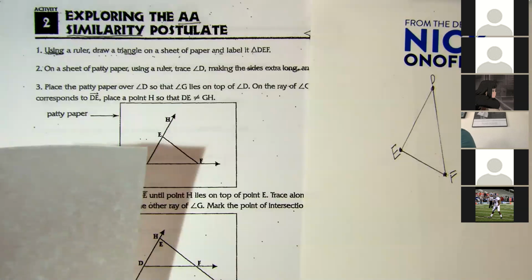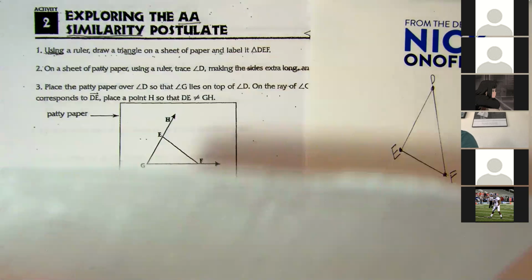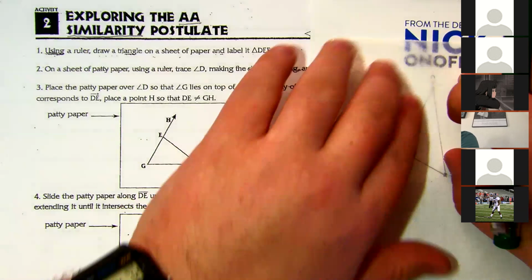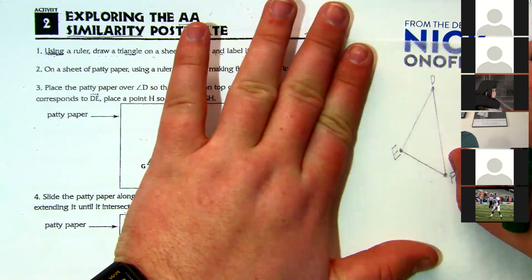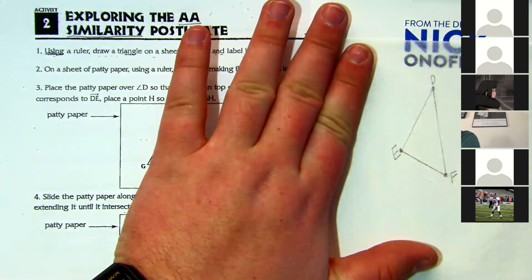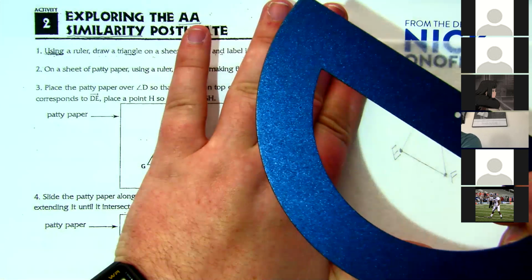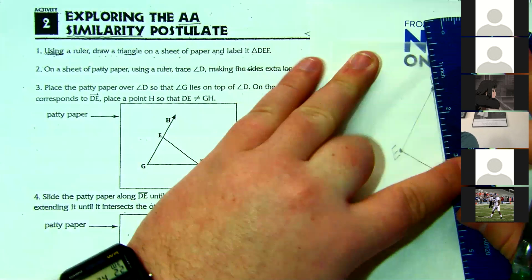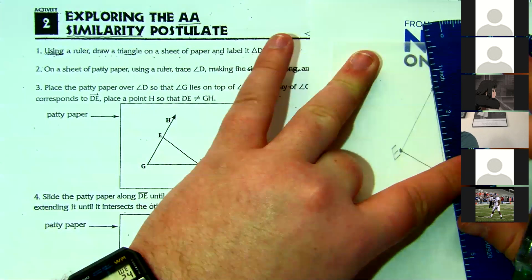The next step we're going to do is take our patty paper and place it on top of the triangle we made. Then you're going to take your ruler or your straight edge and we are going to trace angle D. That is D as in dog.